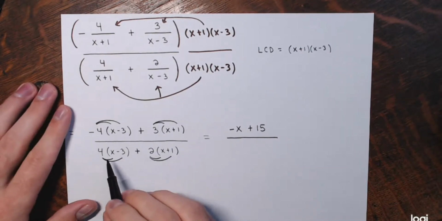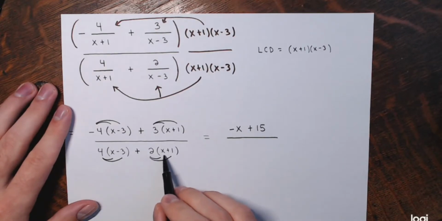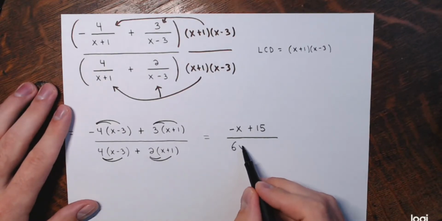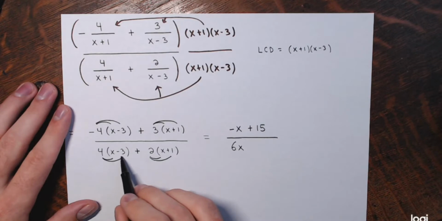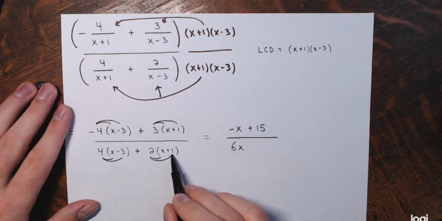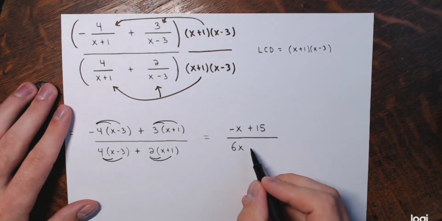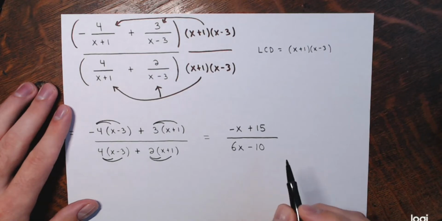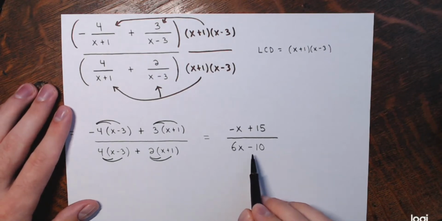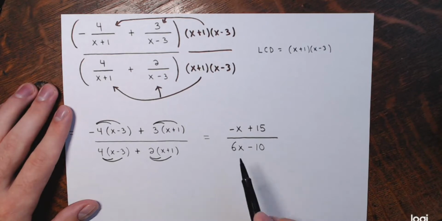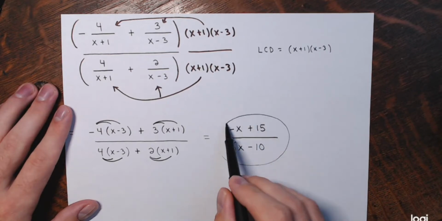Denominator, we have 4x plus 2x would be 6x. Then -12 plus 2 is -10. Now you can factor out a 2 from here, but that would just be 2 times 3x minus 5, and there's no factor of 3x minus 5 in the numerator, so this is as simple as it gets right here.